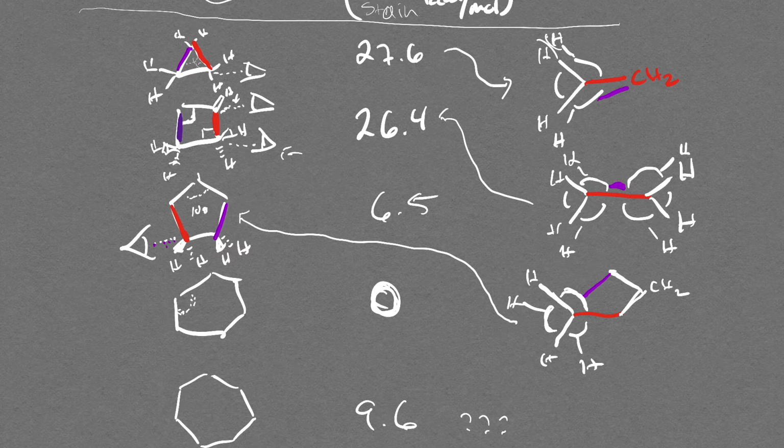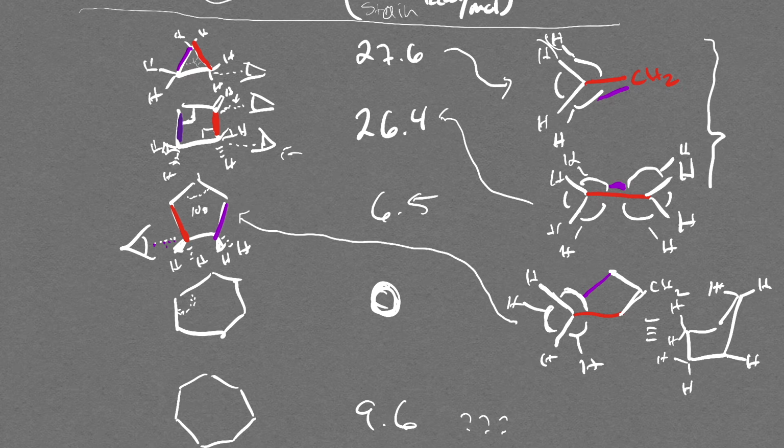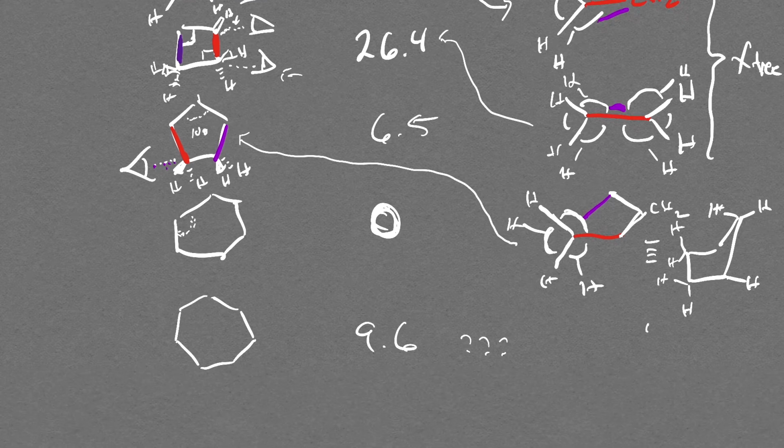I obviously know that there's some conformational issues with cyclopentane, and that cyclopentane really likes to adopt this weird looking envelope structure where it's got a hydrogen coming out here and a hydrogen going out here, and then you got a hydrogen down here and a hydrogen down here and here. So cyclopentane does sort of escape some of the extreme eclipsing, but not 100%. It's got decent looking bond angles, and it can pucker into this envelope.